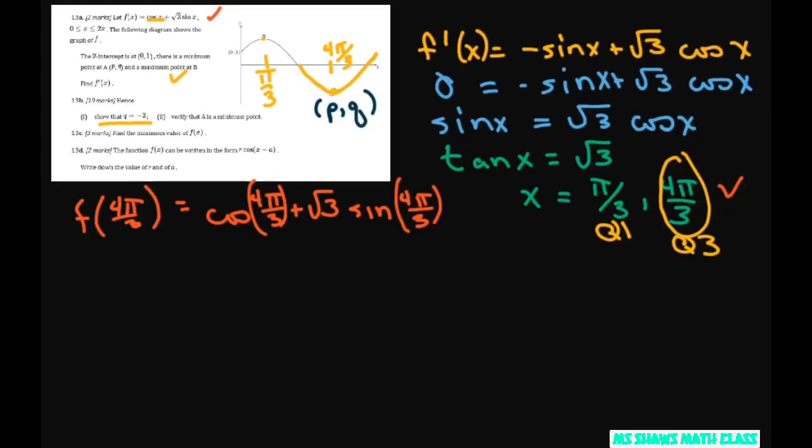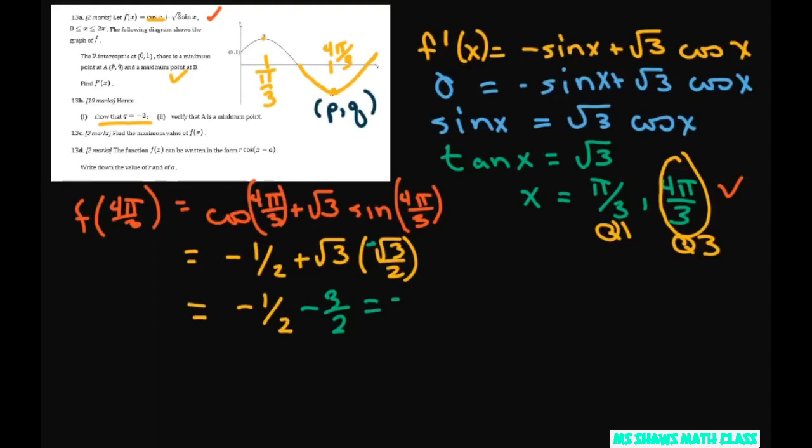Now this is going to equal -1/2 plus square root of 3 times negative square root of 3 divided by 2. This gives us -1/2 minus 3 divided by 2, which is -4 divided by 2, which equals -2. So this Q here is -2.